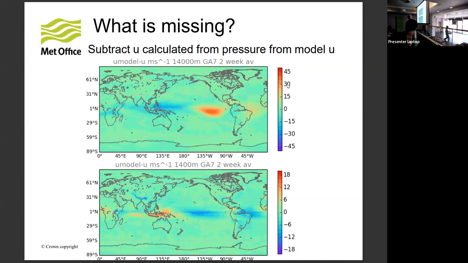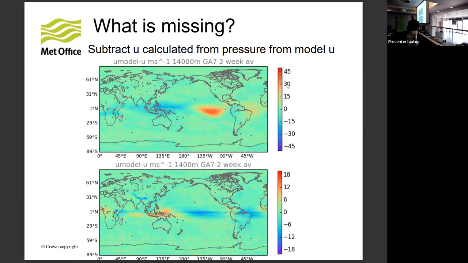And this is the difference between the model and the calculated pressure. That's the model U minus more than 30% of the geostrophic theory in the lower troposphere and boundary layer. This is a 2-week average, so we look at a longer time scale compared with the upper troposphere.